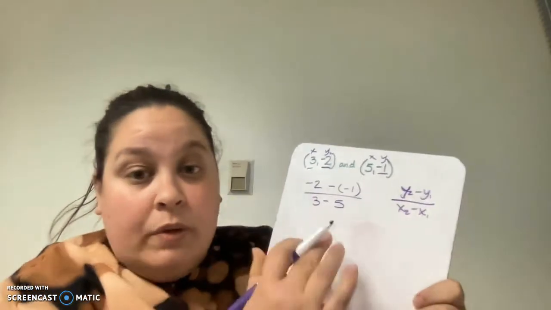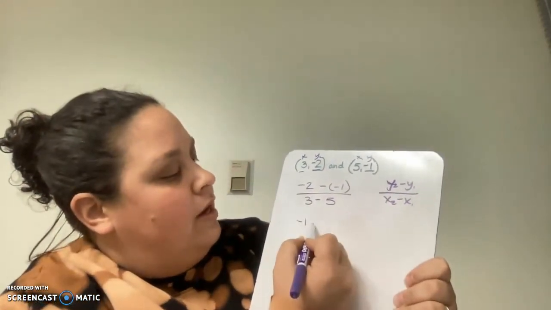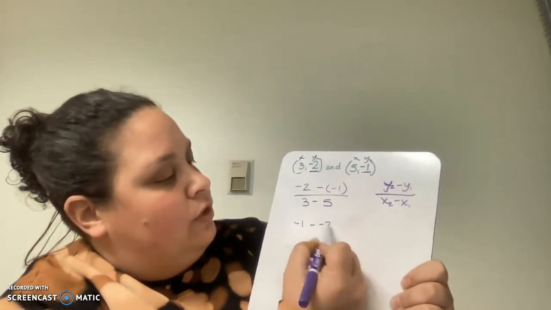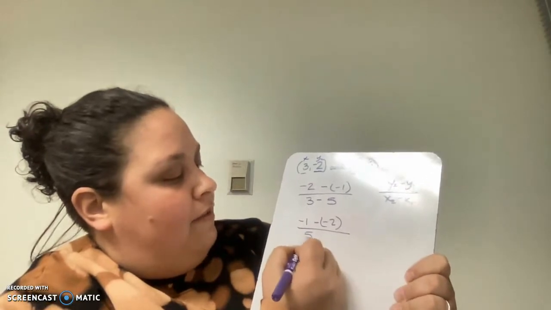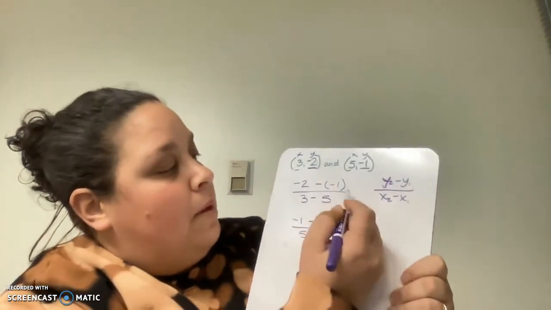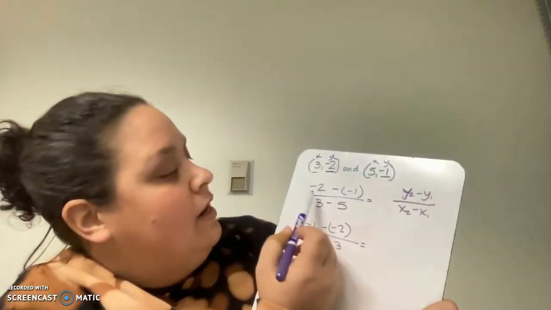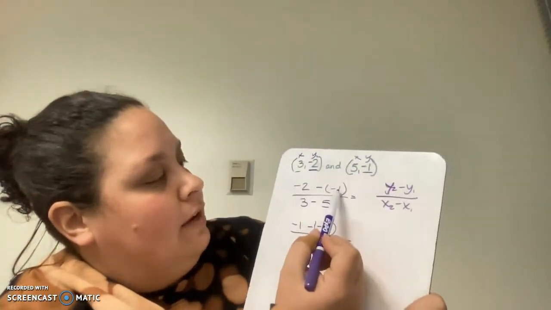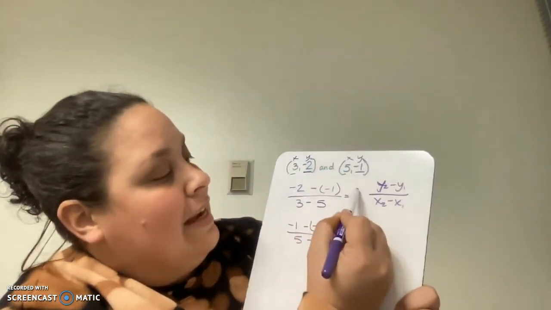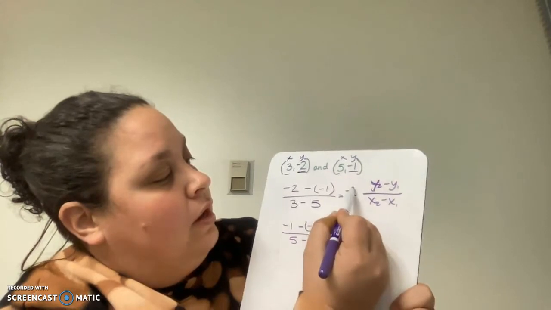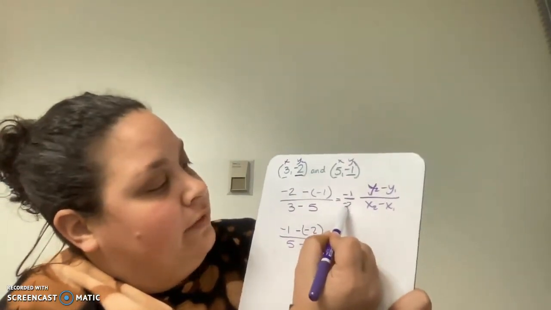Okay? Again, I can do it the opposite way. So I could start with my -1 minus my -2, which would mean that I need to start with my 5 minus my 3. Both of these will come up with the same answer. Okay, so right here, -2 minus a -1. Again, use your calculator if you need it. We'll come up with a -1 over 3 minus 5, which is a -2.